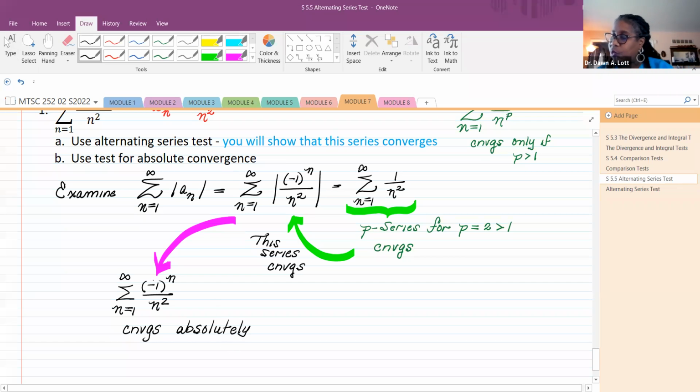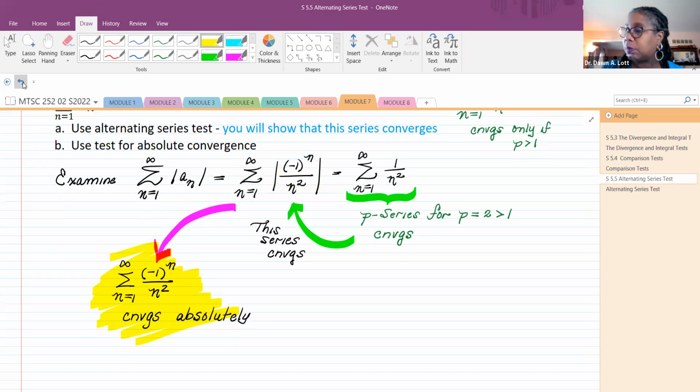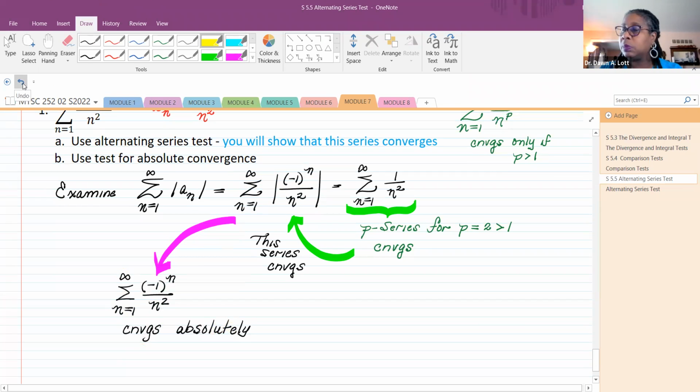So notice when this one right here does not have the absolute value, that's the original series. We showed the one with the absolute value converged. Then that shows that the one without the absolute value converges absolutely.